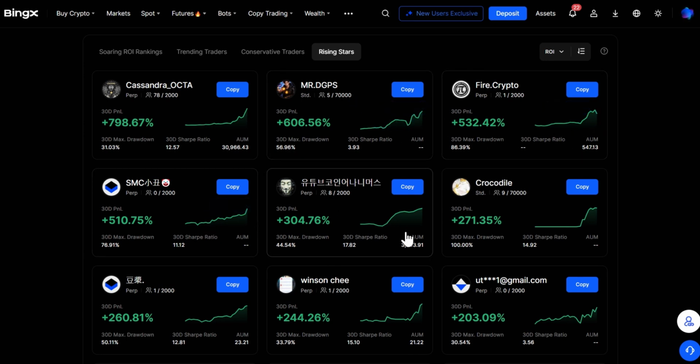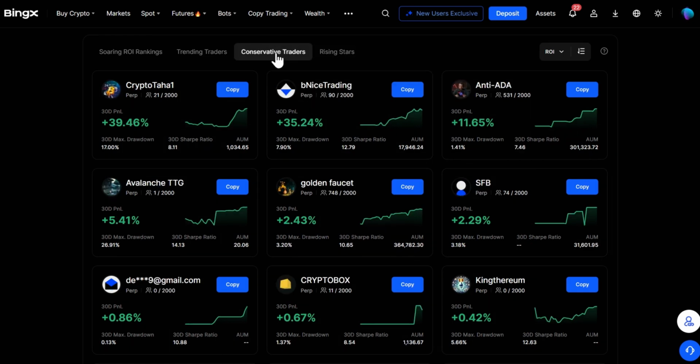This is super helpful because it lets you quickly find traders that match your risk tolerance and investment goals. If you're risk averse or just starting out, I highly recommend checking out the conservative traders section. These traders prioritize capital preservation and steady growth over massive gains, which means lower risk of liquidation.